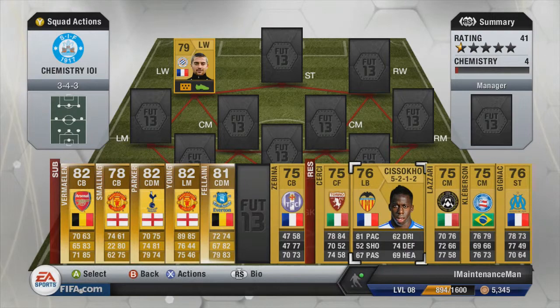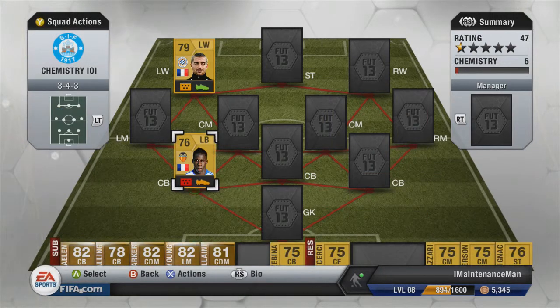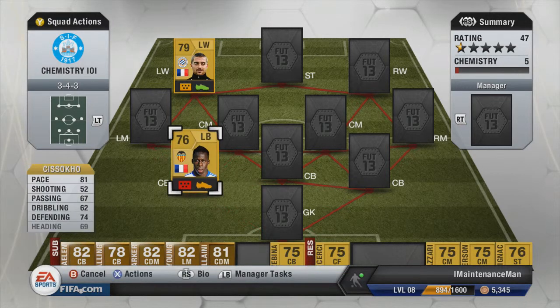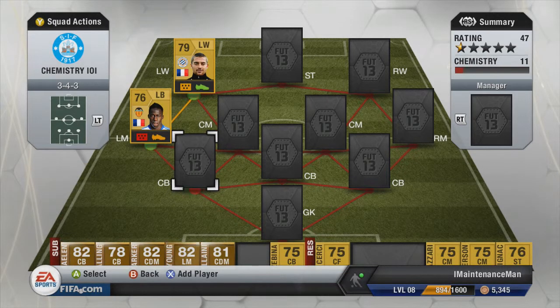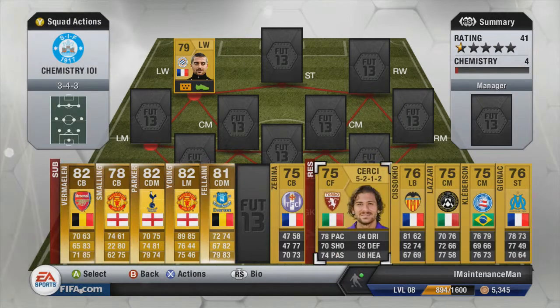If we look at Sissoko, the left back, we can place him as a centre back, which is indicated by the orange boot, or a left mid, and he'll get an orange boot as well, instead of the green boot that you would get if you had placed him as a left back, which is his actual position.